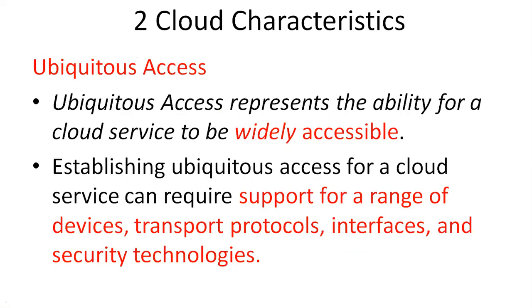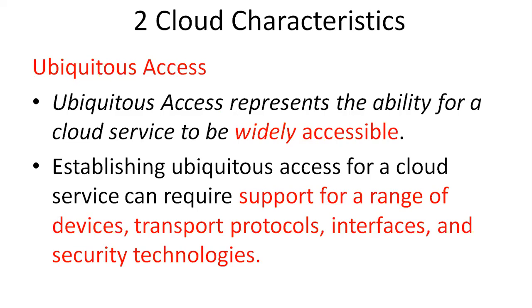Coming to ubiquitous access, wide access. Ubiquitous access represents the ability for the cloud service to be widely accessible. You can access any number of servers. Establishing ubiquitous access for a cloud service can require support for a range of devices, not 2 or 3 but n number of devices.